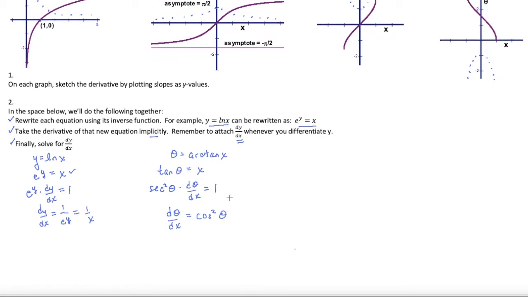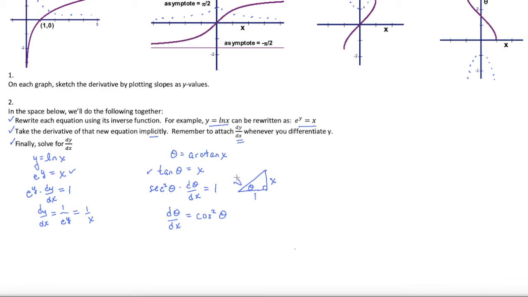And just like before, we want our answer in terms of x. So I'm going to draw a little picture now of a right triangle with that theta in one of the acute angles. And if the tangent of theta is x, this equation right here, that means that x has to be opposite and 1 has to be adjacent, so that the tangent of theta is indeed x.